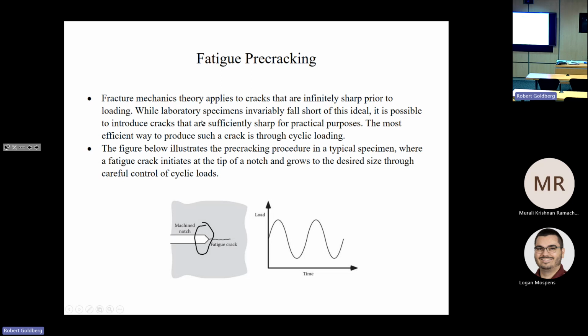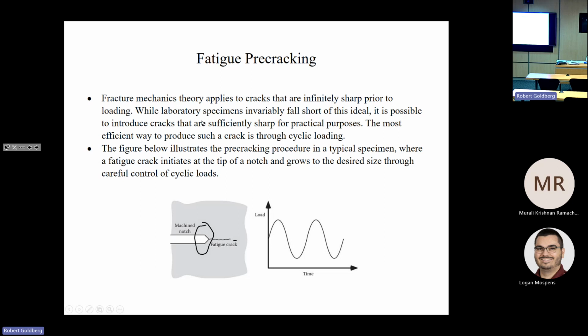So what you generally want to do is, through fatigue loading, you'll have this notch, and by applying fatigue loading in a controlled fashion, you'll get a little bit of a crack that initiates that fits within the constraints of fracture mechanics theory, because you want it to be sufficiently sharp for the type of testing we're doing.